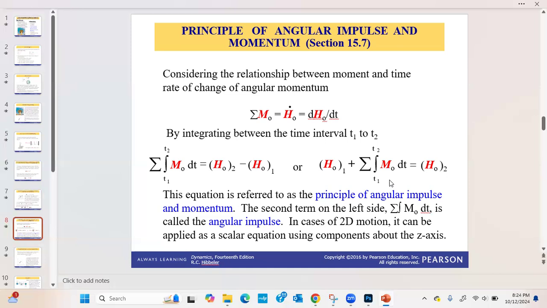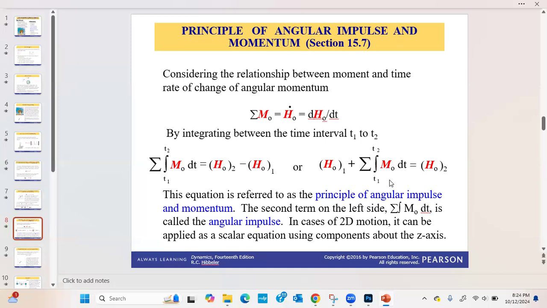Well, this time we're taking our initial angular momentum, adding the sum of all the moments acting on the object, and that will give us our final angular momentum.